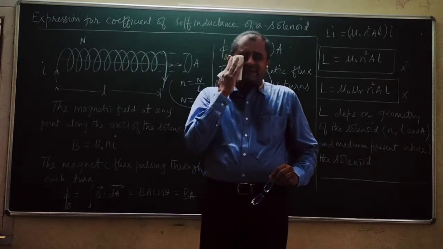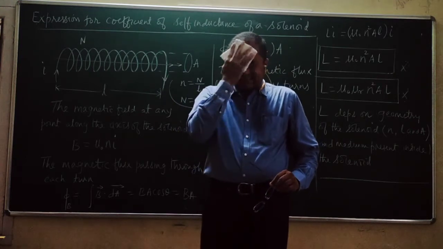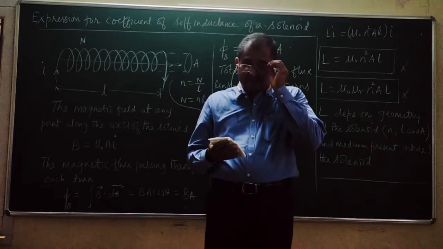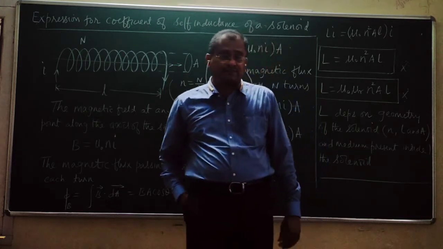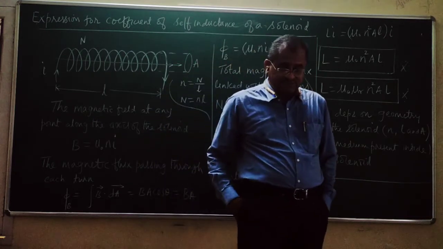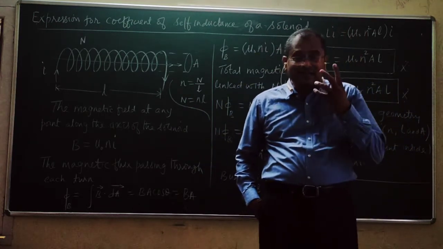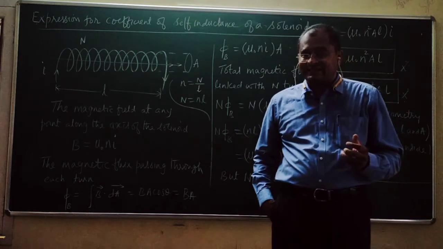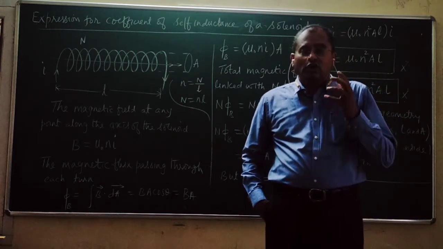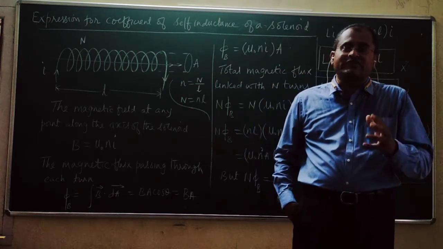We'll stop here. When we meet next, we have to discuss an experiment, Rayleigh's experiment, how to determine experimentally in a laboratory the value of the coefficient of self-inductance of a given solenoid.